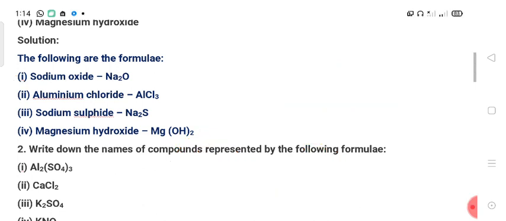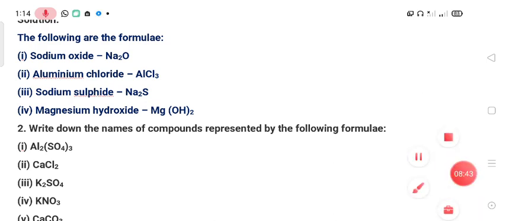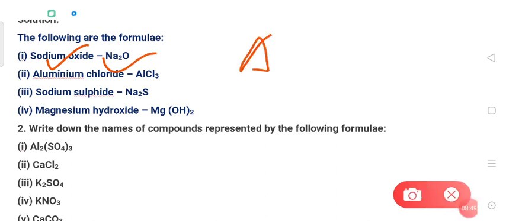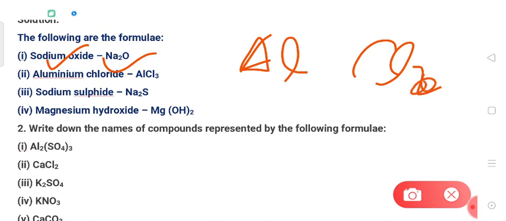In the same way, if we talk about aluminum chloride, once again we know that there are two constituents, one is aluminum and the other is chloride, right? So first we will write the symbol of aluminum, then the symbol of chloride, that is only Cl, right? We will write their valencies here. The valency of aluminum is 3 and the valency of chloride ion is 1, right?